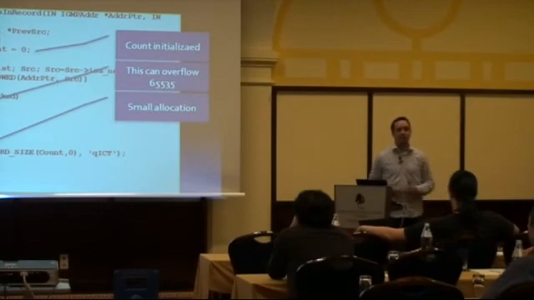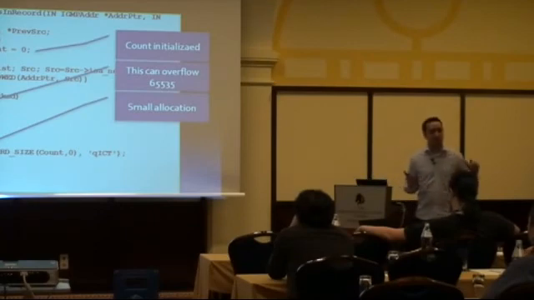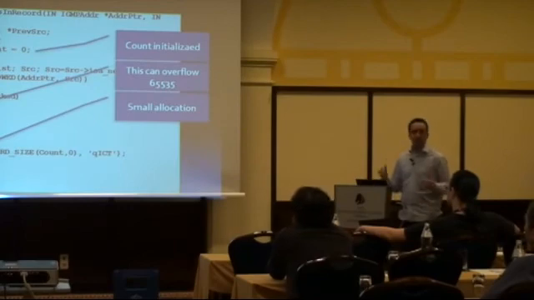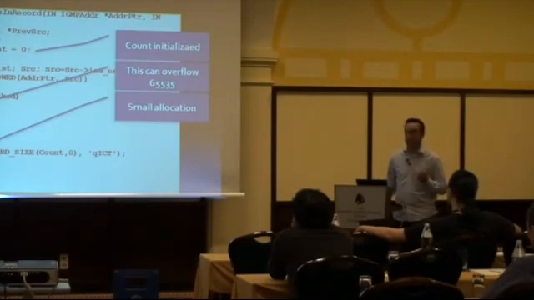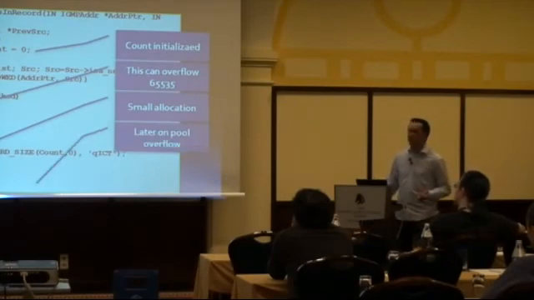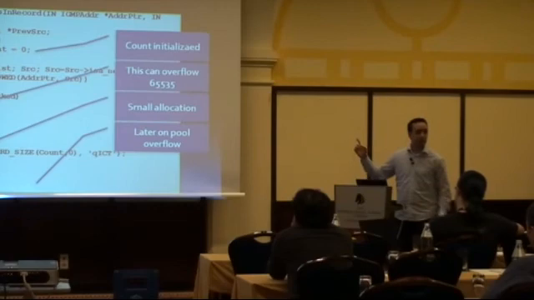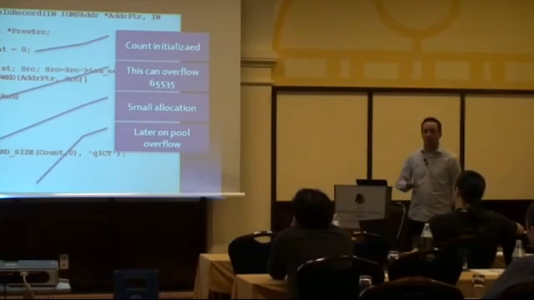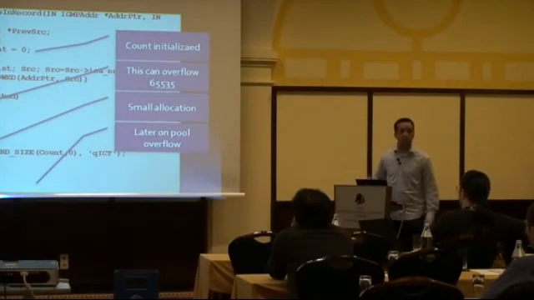For example, we have right now 2, but in reality it's 65K plus 2. We perform a small allocation, and the bug was that later we were going to copy based on 65K plus 2. The fix here, this is real Windows TCP/IP source code, was to do a basic integer overflow check on count.